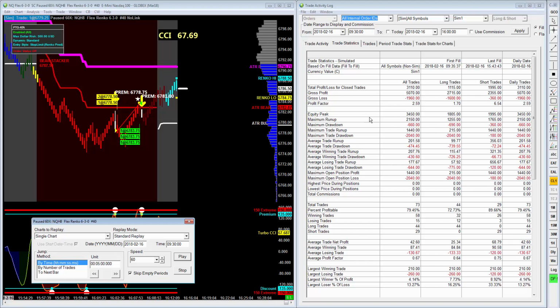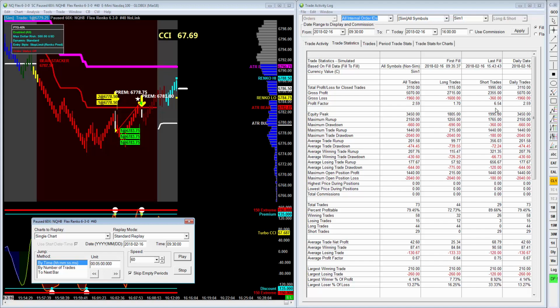A couple of the things that I like to look at is the profit factor, to see how robust the system is. And you can see here on the long trades today, we had a 1.70 profit factor. So basically for every dollar lost, it made 70 cents.